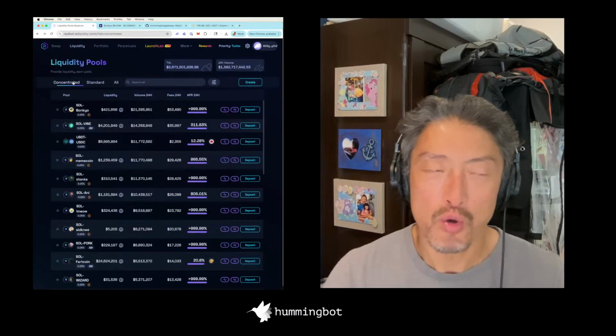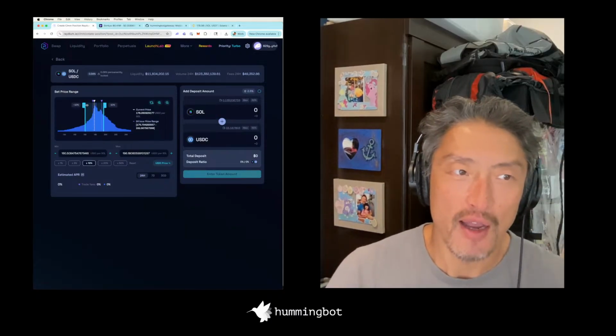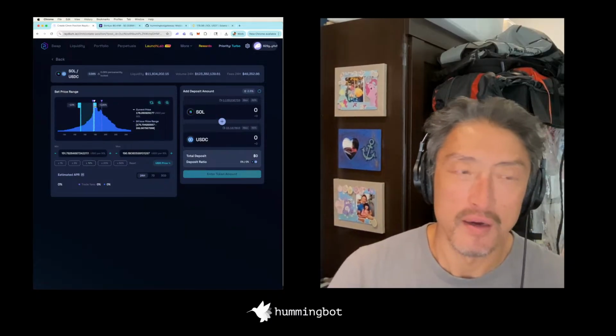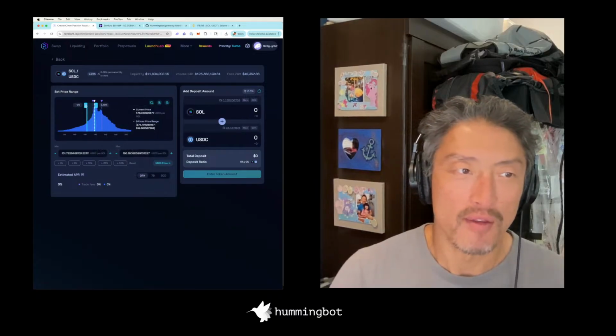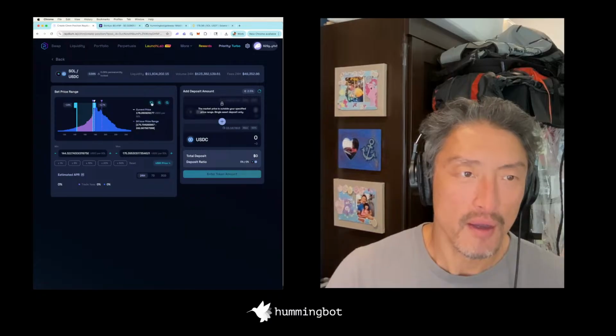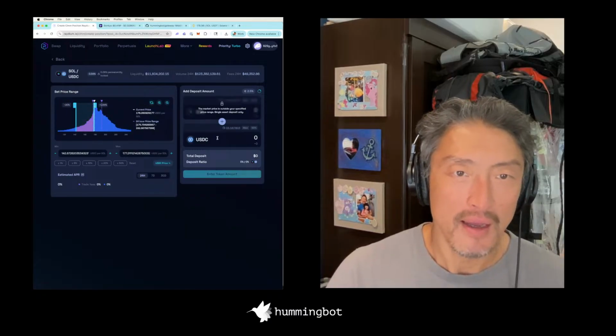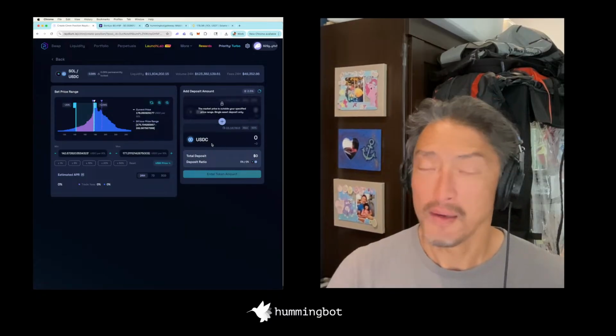But in a concentrated liquidity pool, now we can specify the price range that we define. So if I want to set a price range, like over here, below the price, then the asset I'm depositing is entirely USDC.